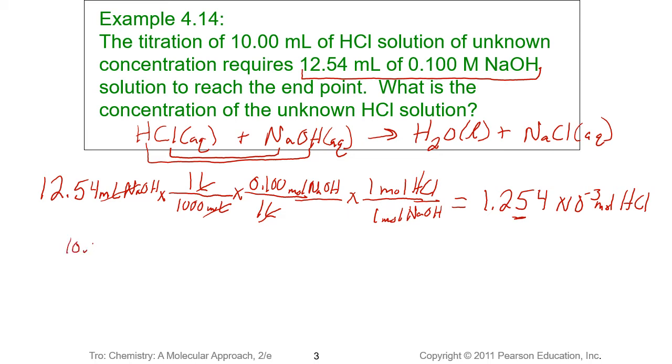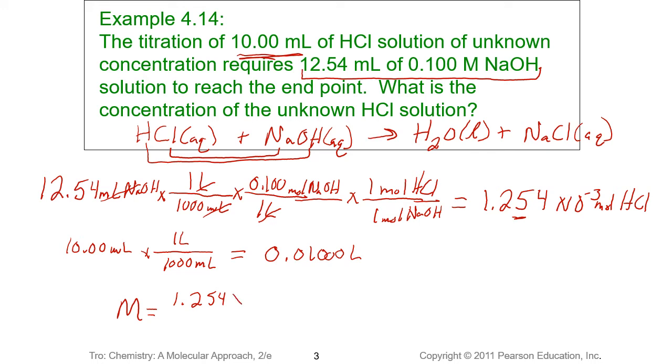So I'm going to take my 10 milliliters of HCl and convert it to liters. And now to find molarity, I can take my moles of HCl, divide by the liters of HCl to find the molarity.